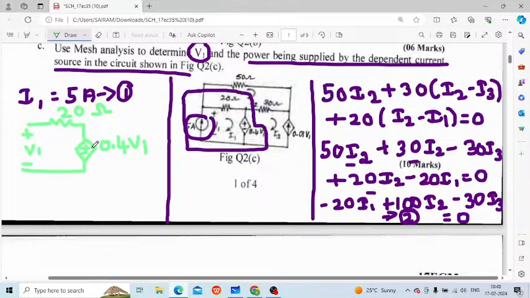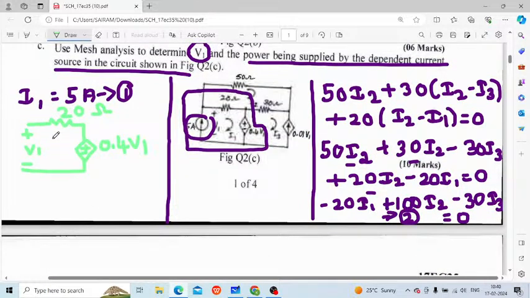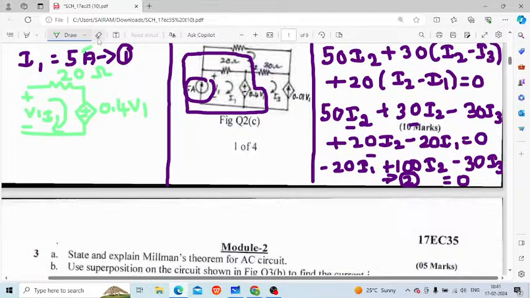Right. So now what are we doing? We are trying to find out the voltage using superposition theorem. So now you have to take the current I1, you have to apply mesh analysis again for this, right? Just a minute, I'll just erase these things.